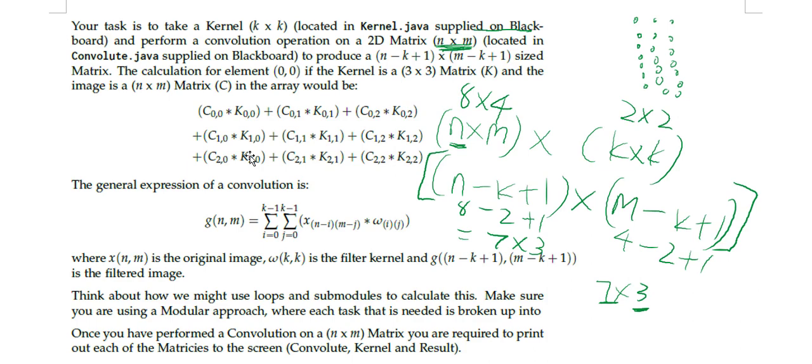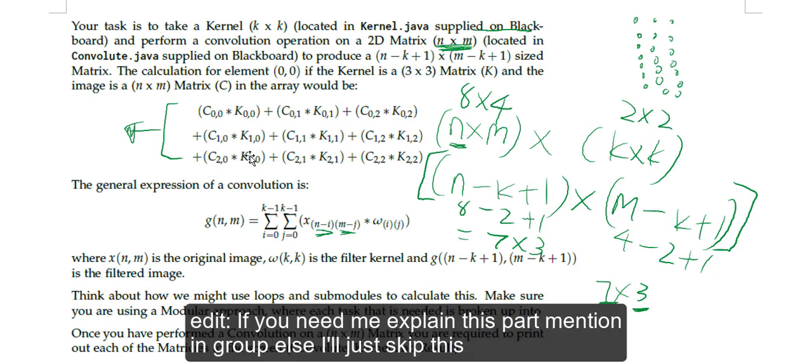If you saw my last week's analysis of the matrix, you can basically apply it here. I already mentioned last week how to analyze the pattern. So let's look at the general formula. The formula is x times n minus i times m minus j times omega ij. Do you understand this formula?